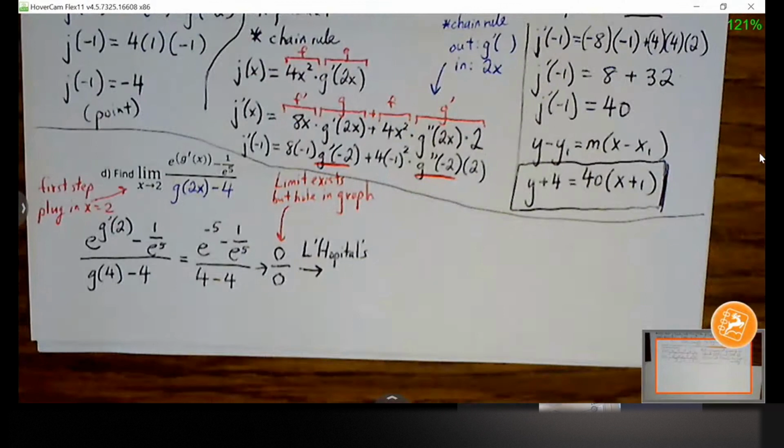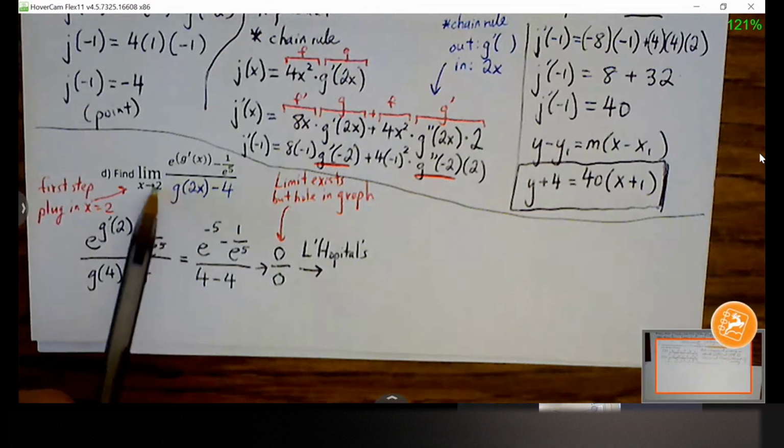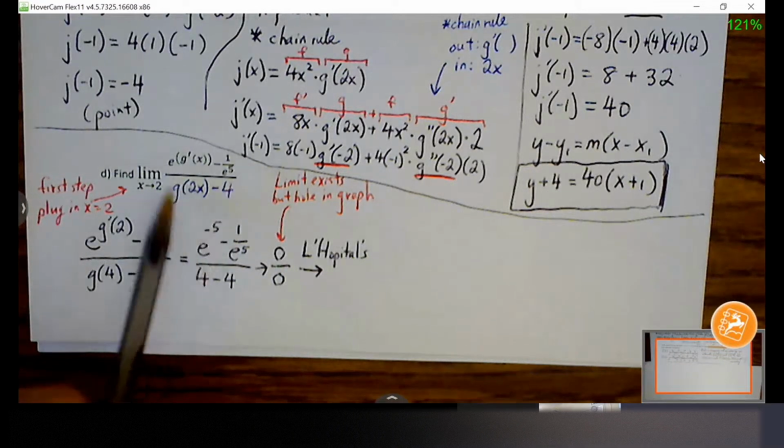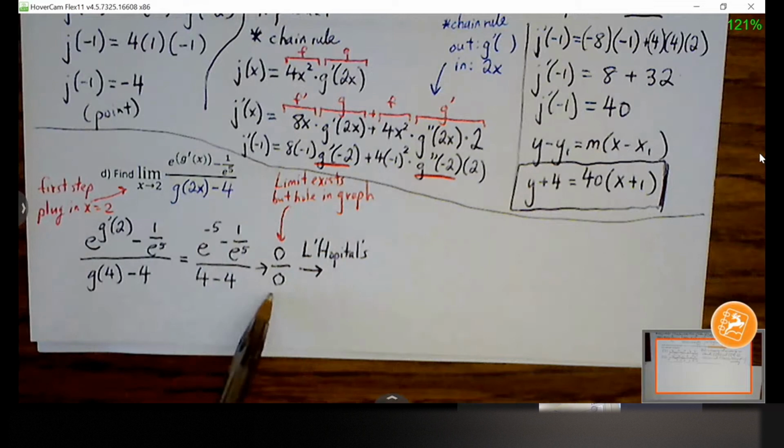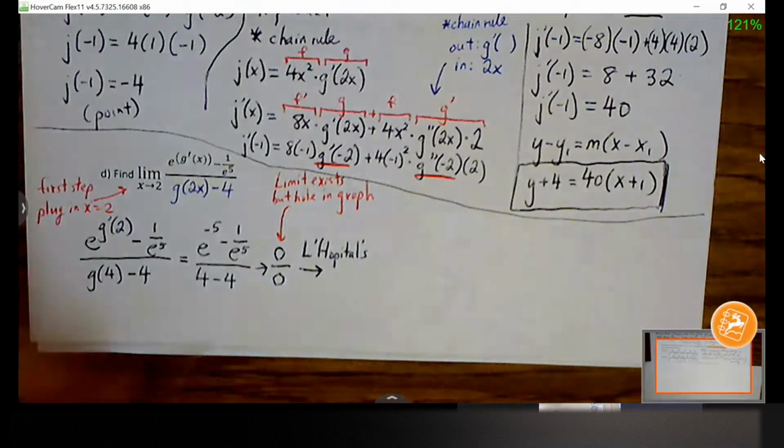L'Hopital's is where we find the derivative of the numerator, and then the derivative of the denominator. That will produce a different form. Once we get those two, we re-plug in the x value and see if that results in something other than 0 over 0, a real number. If it does, then that's our limit.